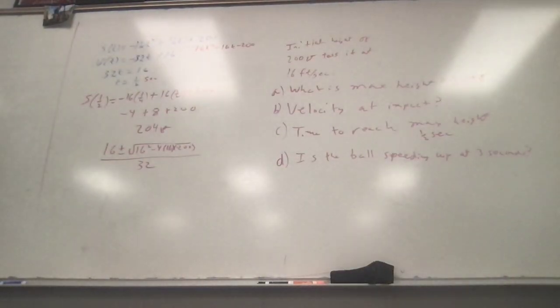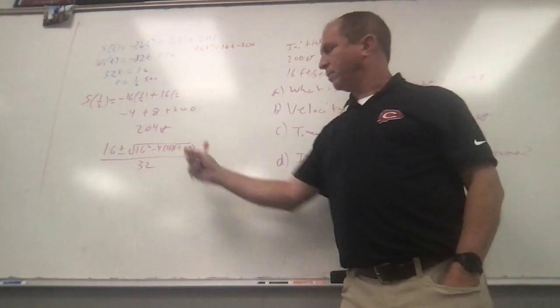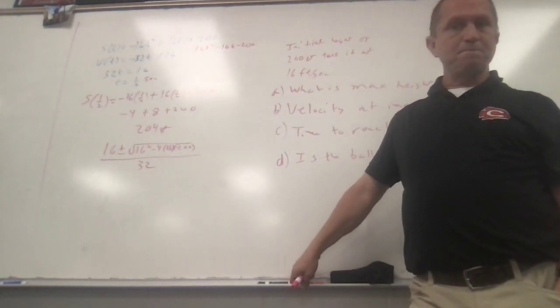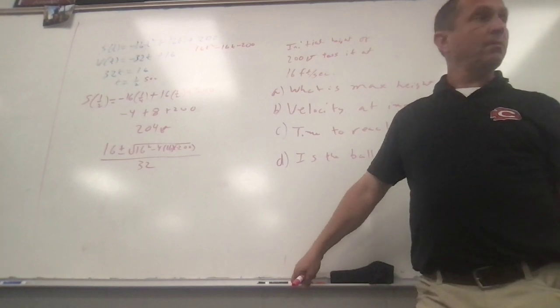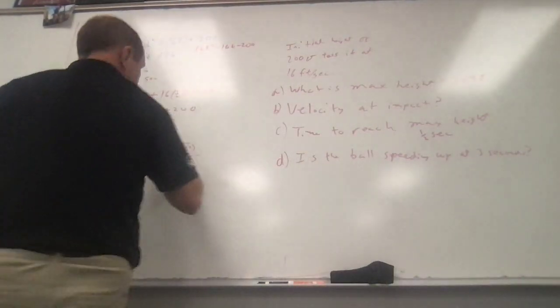What do we get? Okay. That's going to be 16 squared. Then that'll be 64 times 200. So we'd be adding them. Is that what you got under the radical?